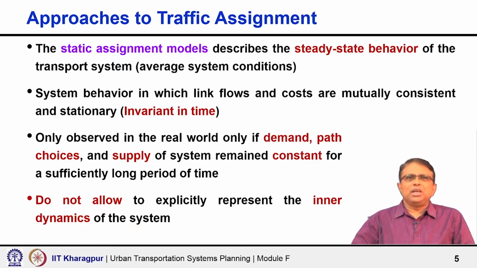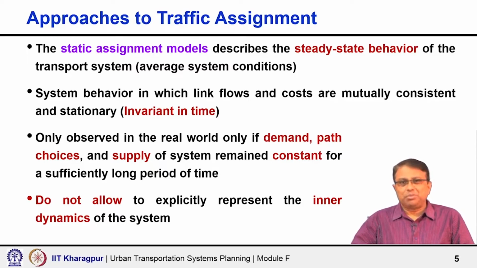So, system behavior in which link flows and costs are mutually consistent and stationary. Here I have mentioned in the bracket, invariant in time, that is a very important thing. You can observe such a thing in the real world only if demand, path choices and supply of the system remain constant for a sufficiently longer period, because the time dynamics is not coming.